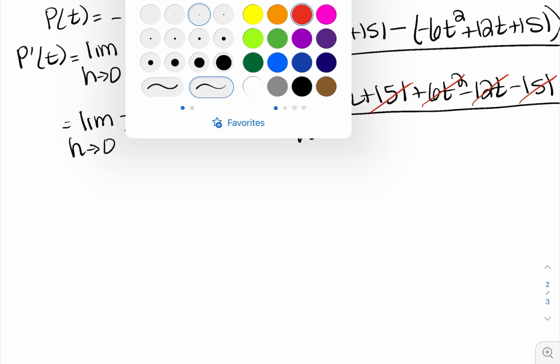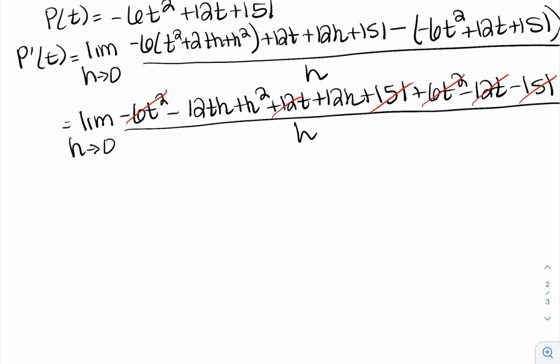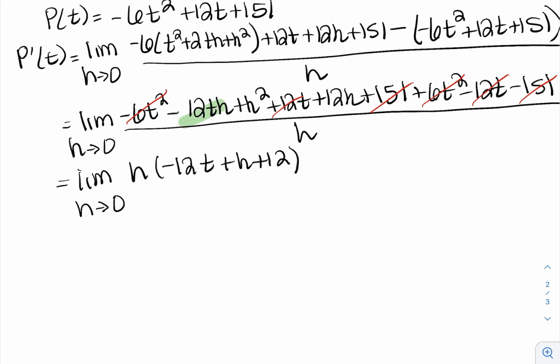And now every term that's left has an h. So I'm going to factor out that h, I should say, before I cancel it. I'm thinking ahead. So if you want to highlight this term, this term, this term, all over h, the h is canceled. And now I can put in my limit for h, which is 0.